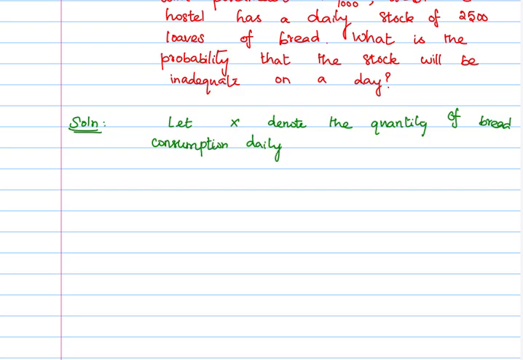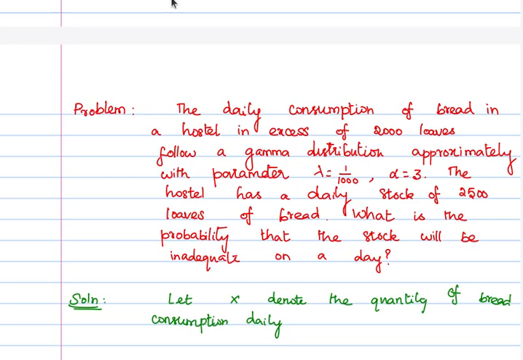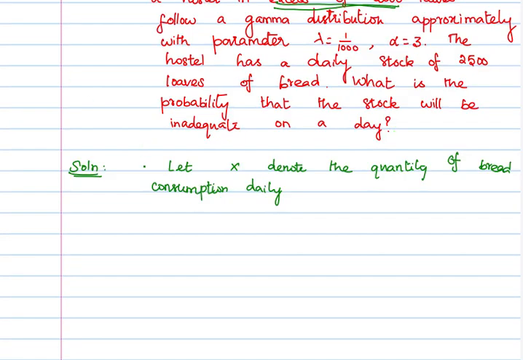Does x follow the gamma distribution? No, because they clearly mention in excess of 2000 loaves only. So I define a new random variable y, that is x minus 2000. This follows gamma distribution. Y follows gamma distribution. This is what is given.